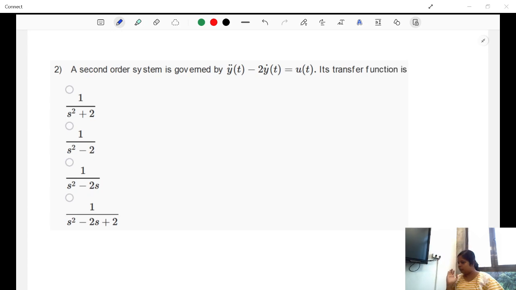You just have to convert them into Laplace domain, make the initial conditions 0 and find the ratio of output to input. Please let me know the answer. Whoever has done, just raise the hand. Please, this is very important. This would be taking you to all other questions as well. And it is a very simple concept for the whole course.